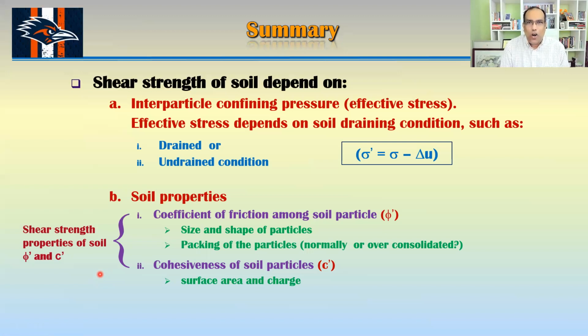I'm repeating because this is very, very important: the shear strength properties of soil are basically phi prime and c prime. Okay, and your shear strength depends on soil properties as well as the confining stress. Now let's move forward.